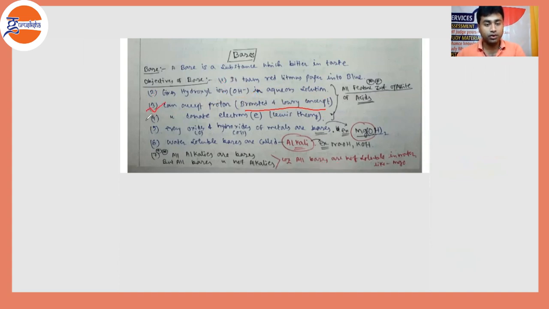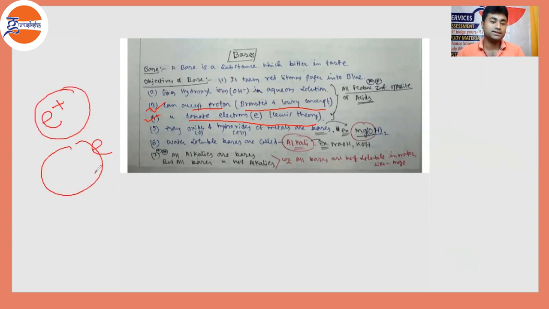Now the fourth point is, it accepts protons and donates electrons as per the Lewis theory. So the base definitely donates, that means it gives electrons. The structure of a base is in such a way.